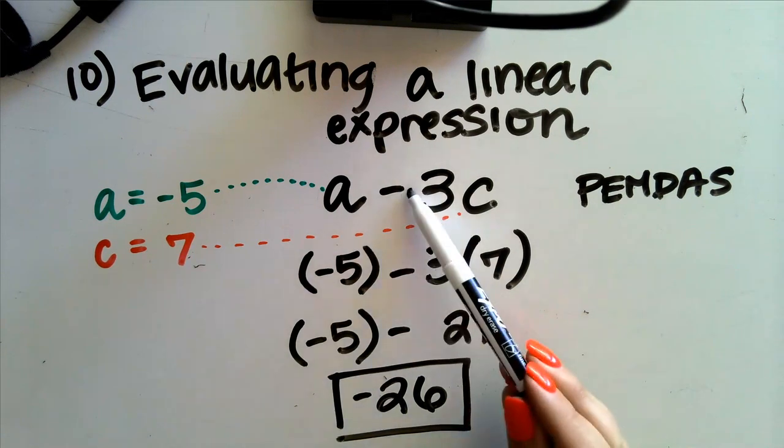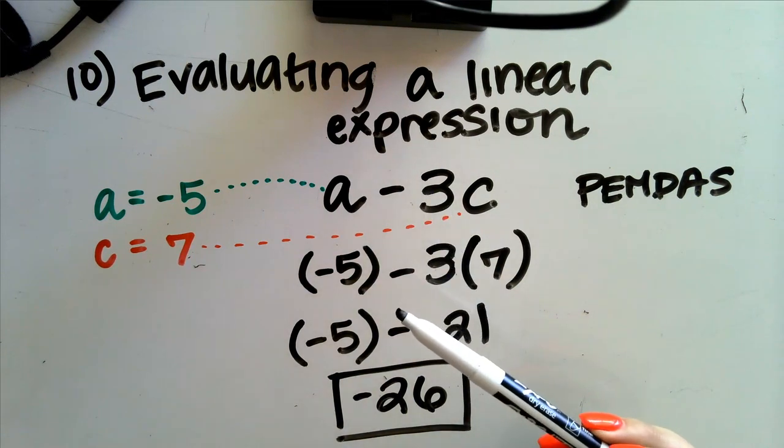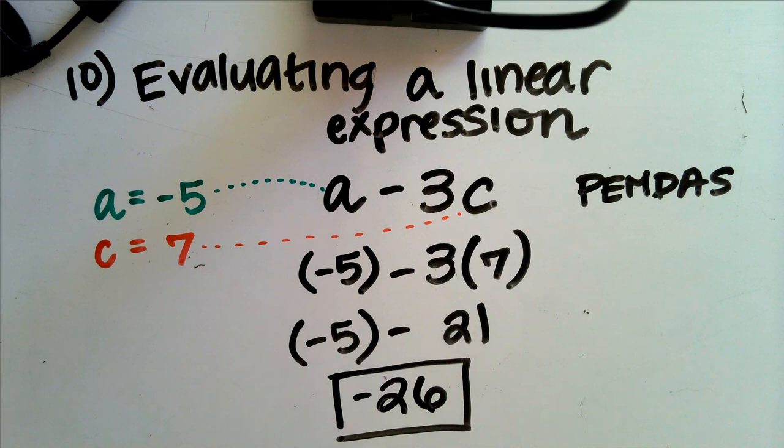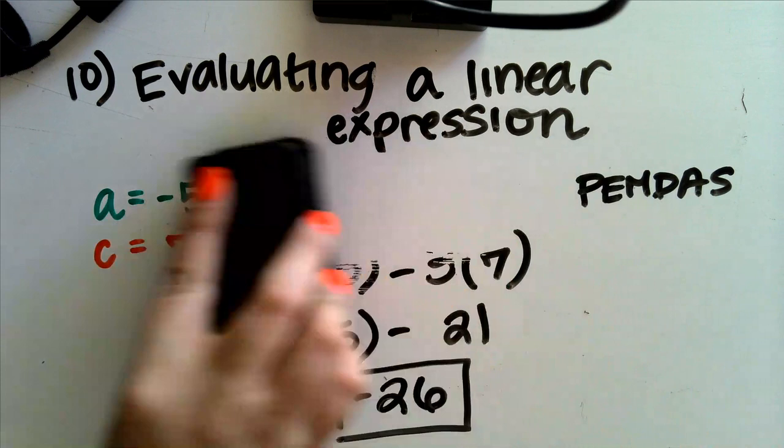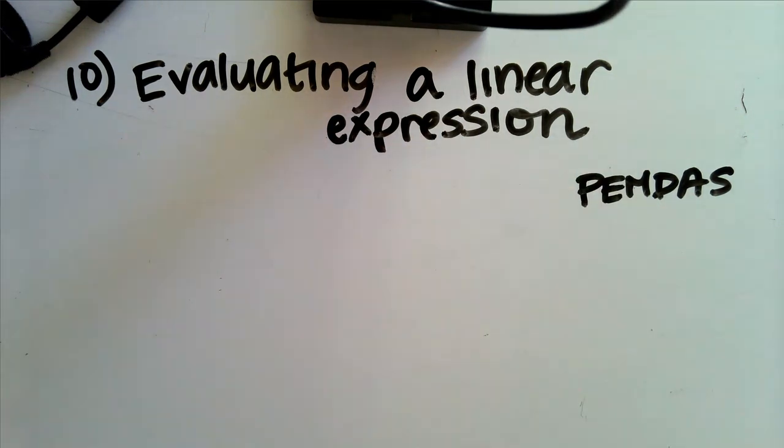So I know that a minus 3c, when a is equal to -5 and c is equal to 7, results to -26.